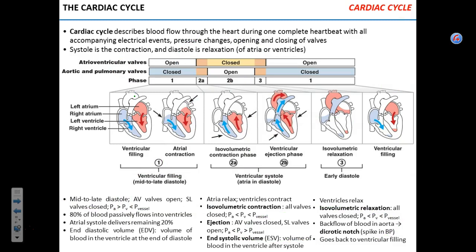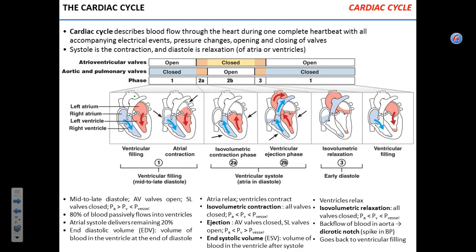So with this, we're going to talk about the cardiac cycle, and to Lexi's question. So we're going to actually start with the answer to your question. Now, the only new thing that we're going to talk about is pressure relationships between the chambers.